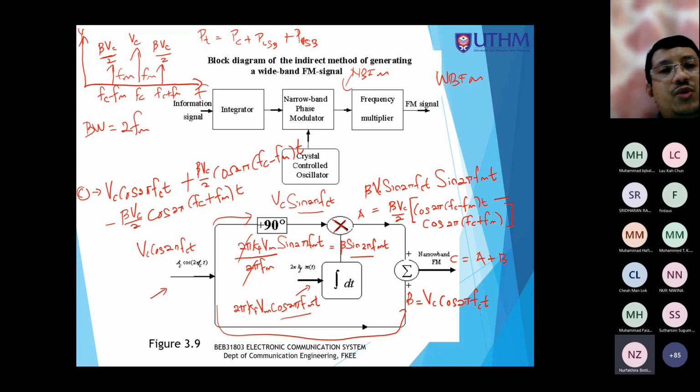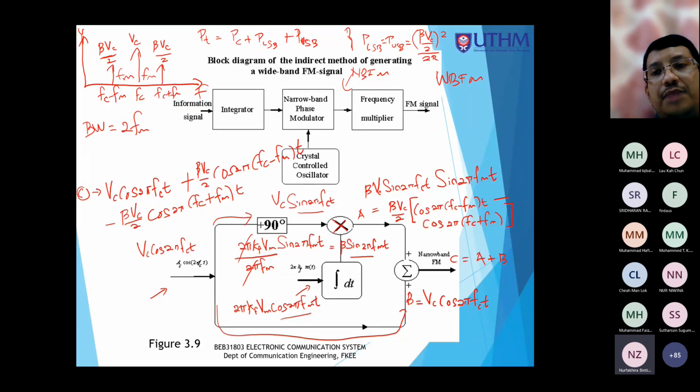In this case, you need to find PC, which is VC square over 2R. P lower sideband would be equal to (beta VC over 2) square over 2R. If you want to find the PLSB or PUSB, this is equal to (beta VC over 2) square divided by 2R.